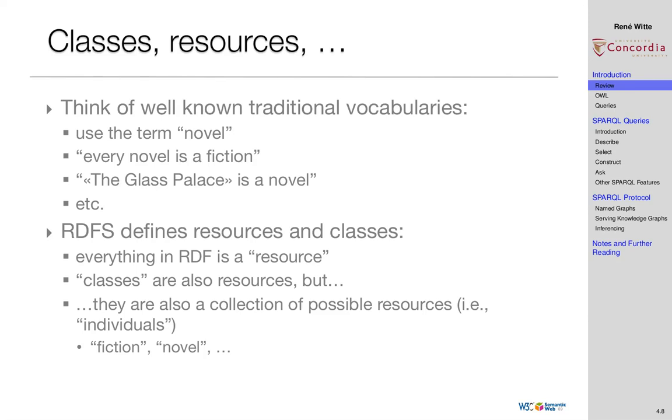So there is no separate distinction between, like in programming, classes and objects. Dynamically, you can create more RDFS concepts and use them for reasoning, linking, understanding data.